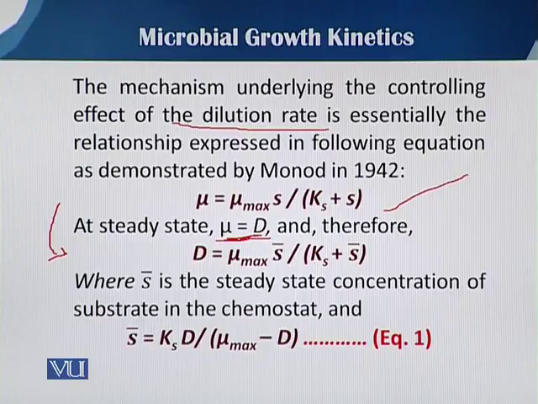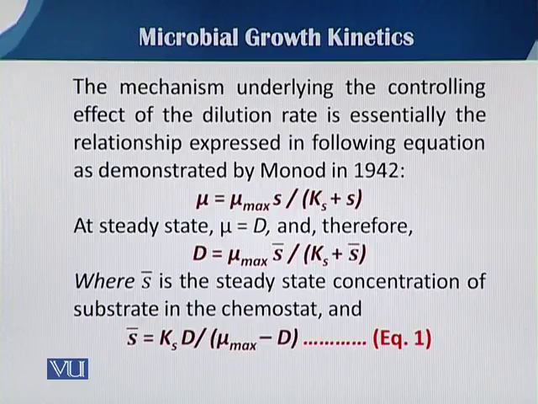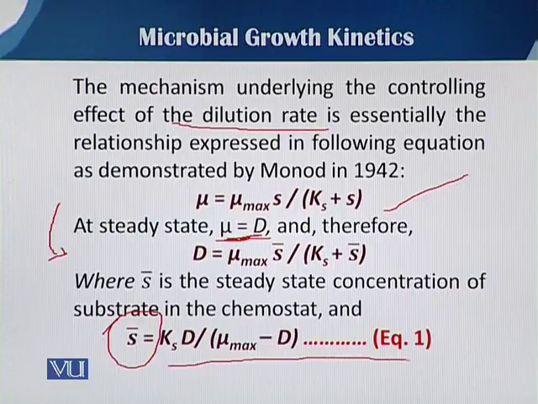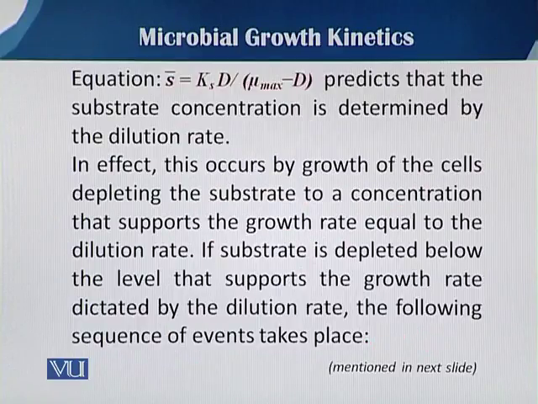By this equation, if we know the dilution rate, then we can easily calculate the amount of substrate at the time of steady state by just transforming this equation into this: S bar is equal to Ks times D over mu max minus D. This whole equation is basically just the retransformation of the previous equation, and we can use it easily.